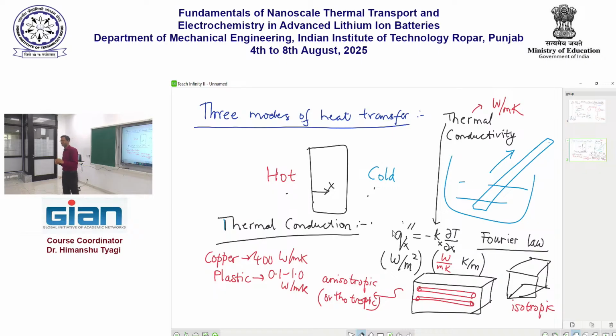Oftentimes, we neglect that temperature dependence. We assume the thermal conductivity to be a constant number, but that may or may not be the case always. Okay? What else do I want to say here? I think that is all.